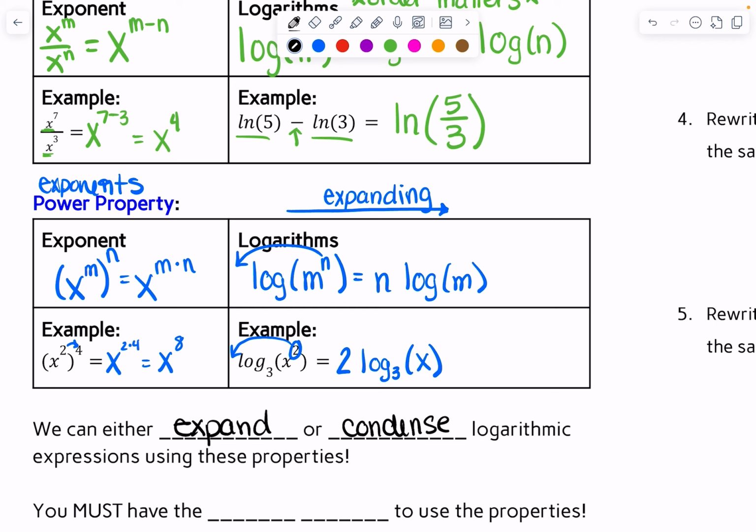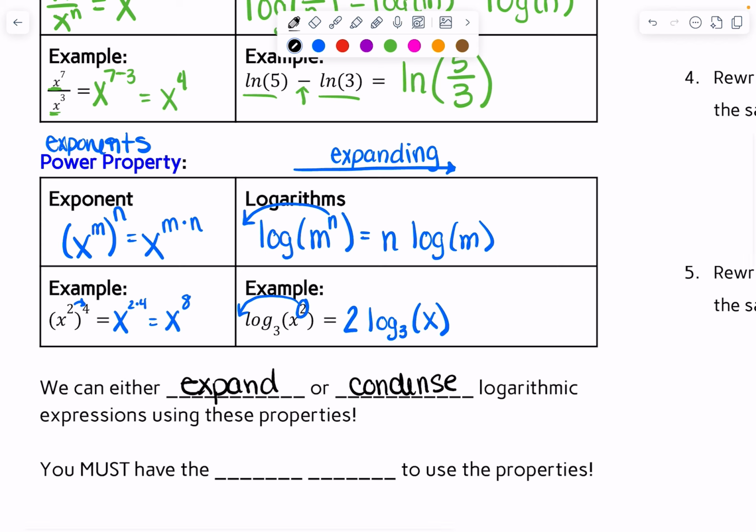So from that, we can either expand or condense logarithmic expressions using these properties. And we're going to want to do that when we have a more complicated expression that we want to simplify. Sometimes we need to do this in order to be able to solve equations that involve logarithms. Expanding or condensing, moving in one way or the other, helps us to more easily solve the logarithmic equation.